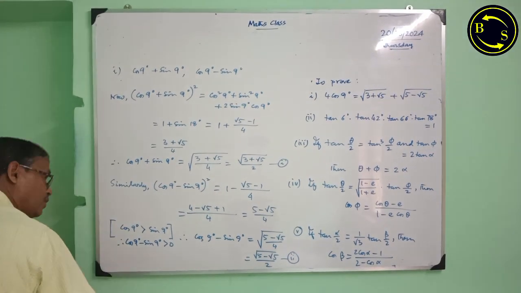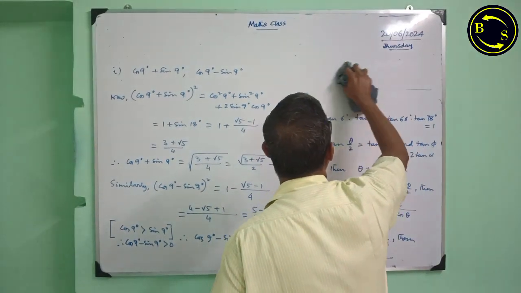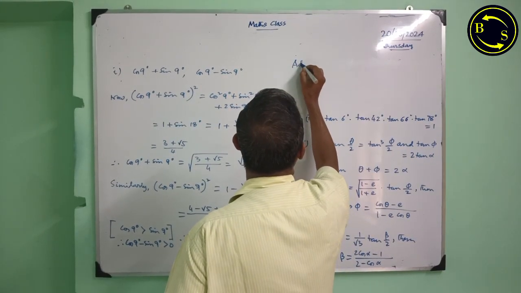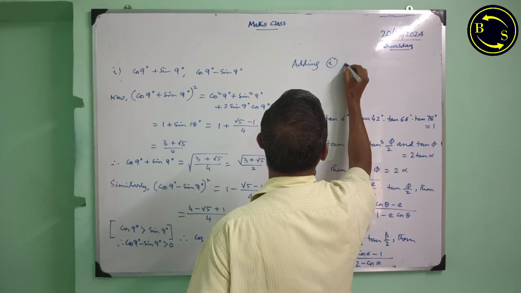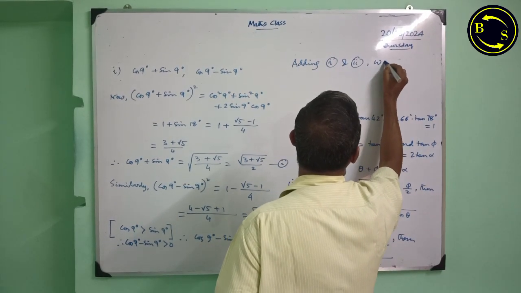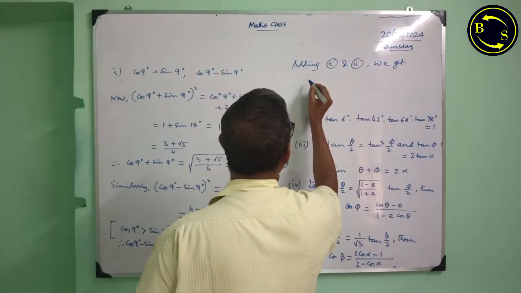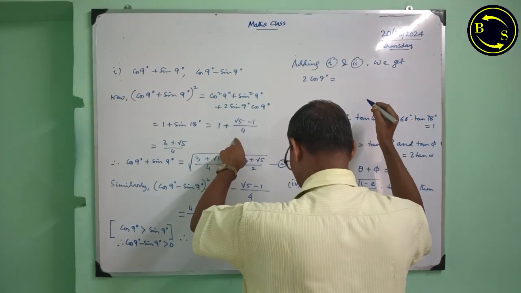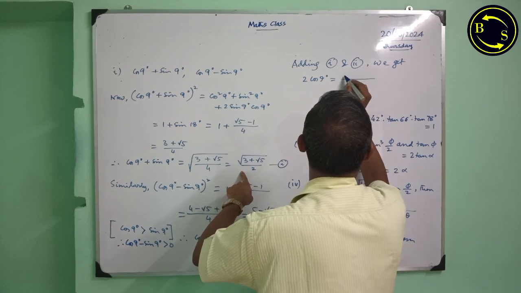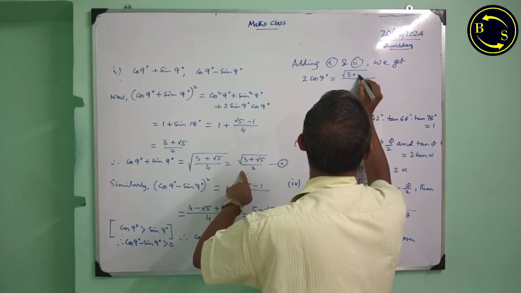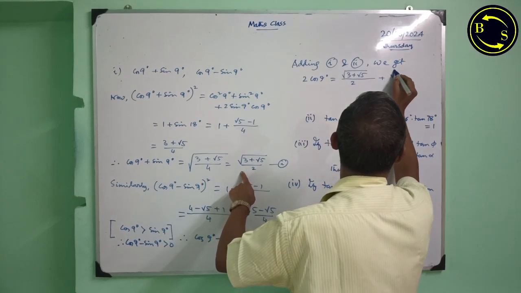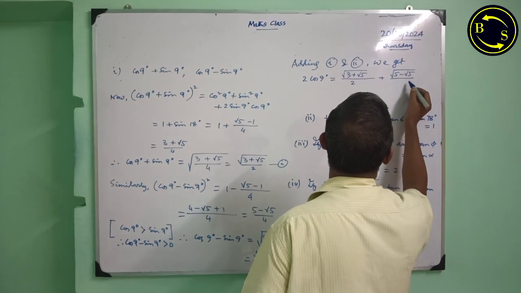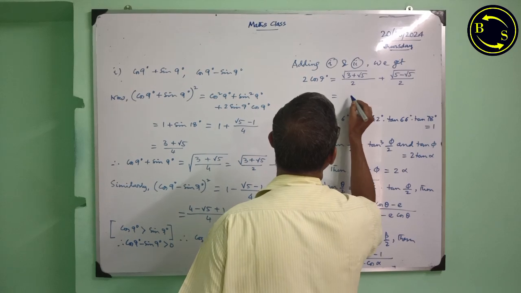Adding 1 and 2, we get 2 times cos 9 degree is equal to root over 3 plus root 5 by 2 plus root over 5 minus root 5 by 2.